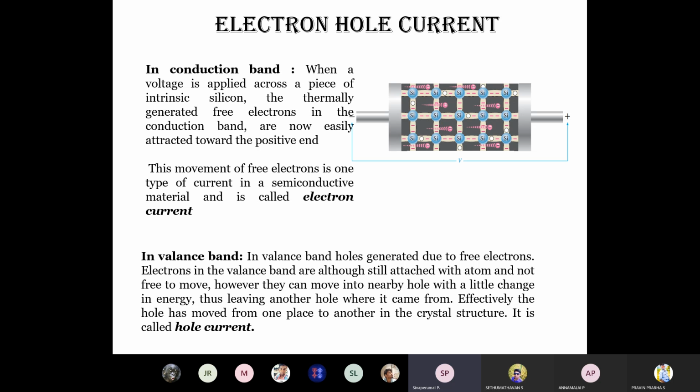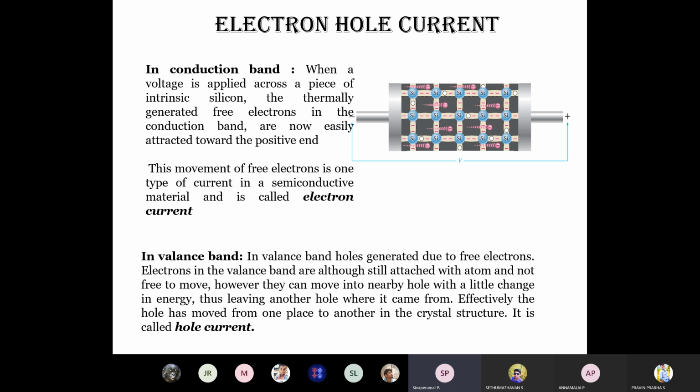Automatically, the nearby electron moves to that vacancy position. So the holes are created and the electrons move, and this happens in the conduction band.